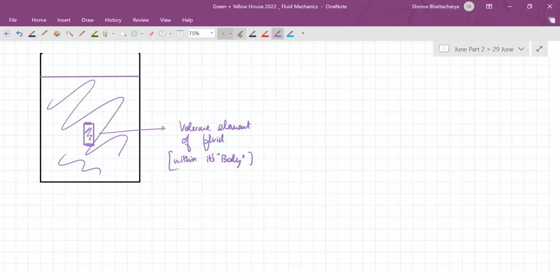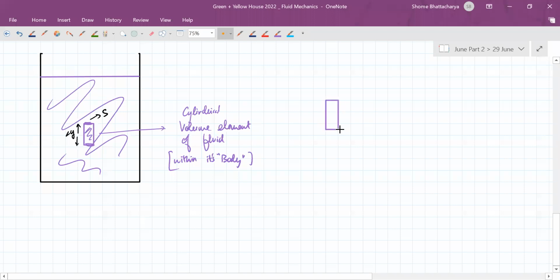Suppose this volume element has a vertical length of delta y and a cross-sectional area of S. So it's cylindrical.